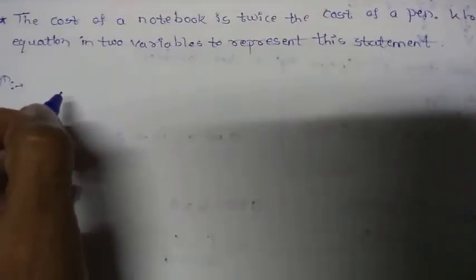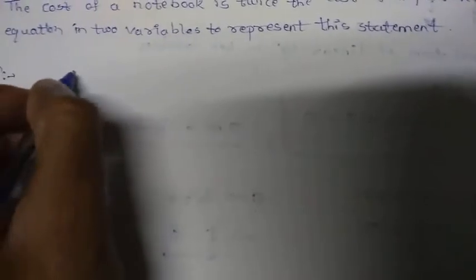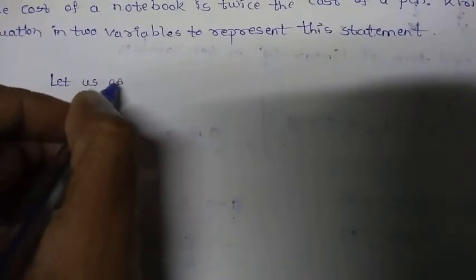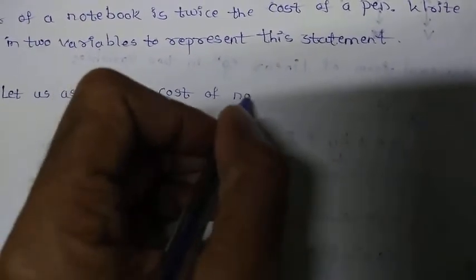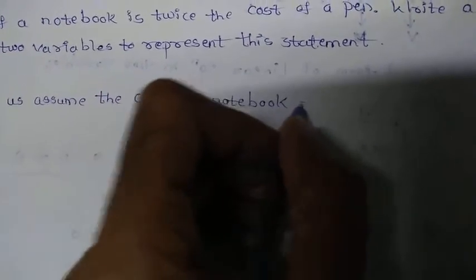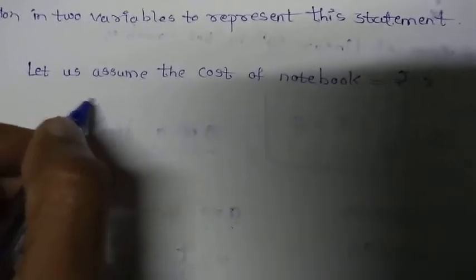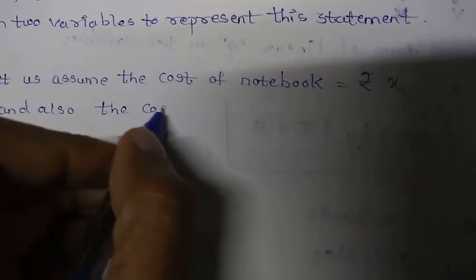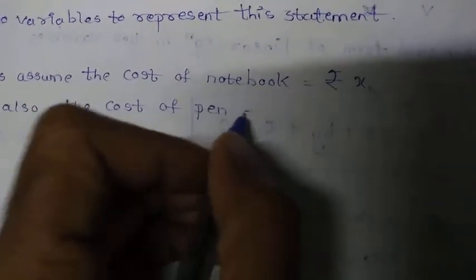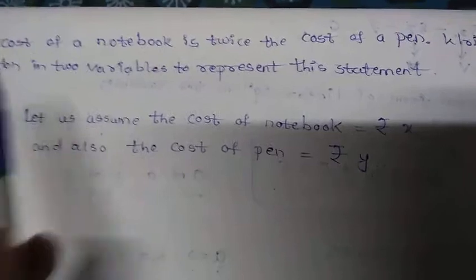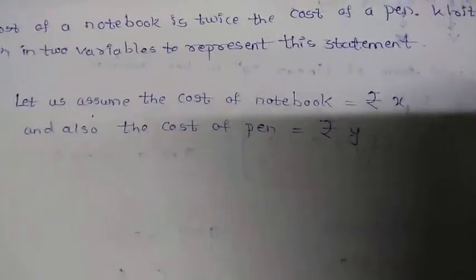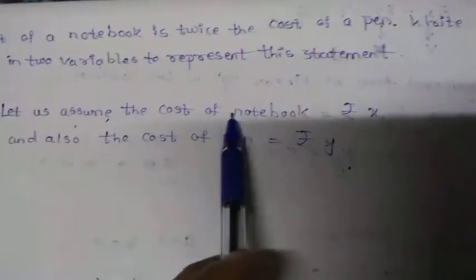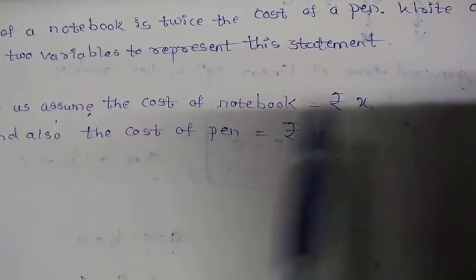Since we don't know the cost of the notebook and the cost of the pen, let us assume the cost of the notebook is rupees X, and also the cost of the pen is rupees Y. So we have just taken the variables X and Y. So assume the cost of the notebook as X and the cost of the pen as Y.